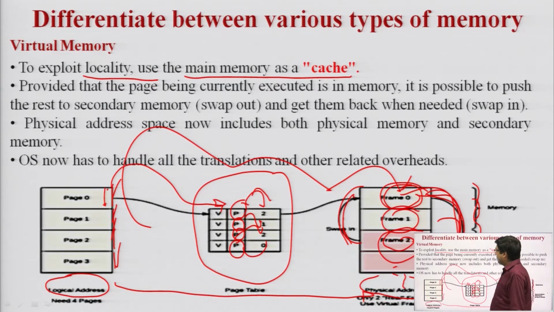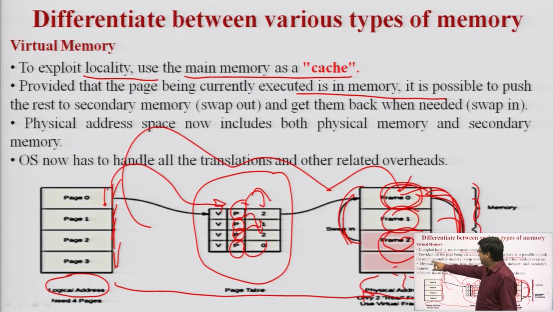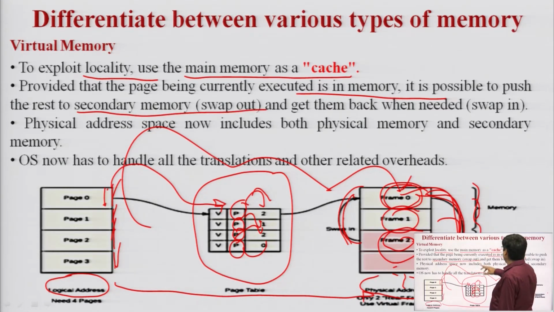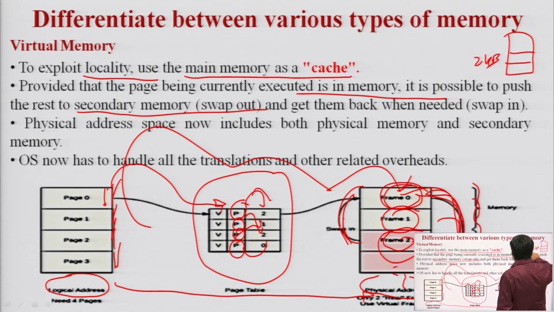So with paging, what currently executes is in memory, and it is possible to push the rest to the secondary memory. What is the concept of swap in and swap out? In a memory management technique, for example, if this memory is 2 kilobytes and our CPU takes 1.3 KB, we will be left with 0.7 KB.